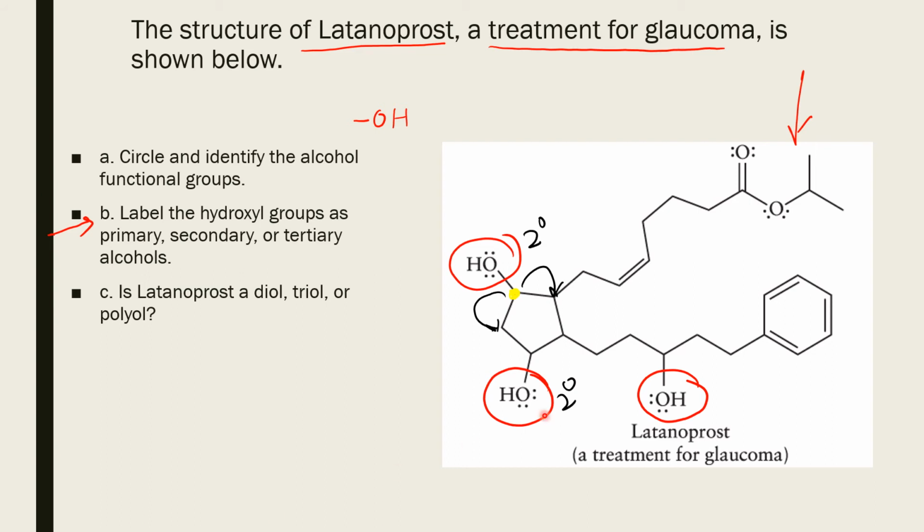And finally, the third hydroxyl group is linked to a carbon atom which is also connected to 2 more carbon atoms on both sides. So therefore, this is also secondary. So all of these hydroxyl groups are secondary. Finally, we need to answer if Latanoprost is a diol, triol, or polyol. Because it contains 3 OH group, therefore it is a triol.